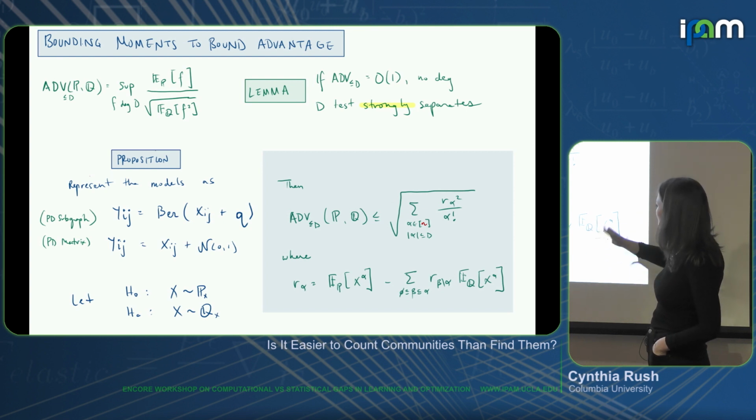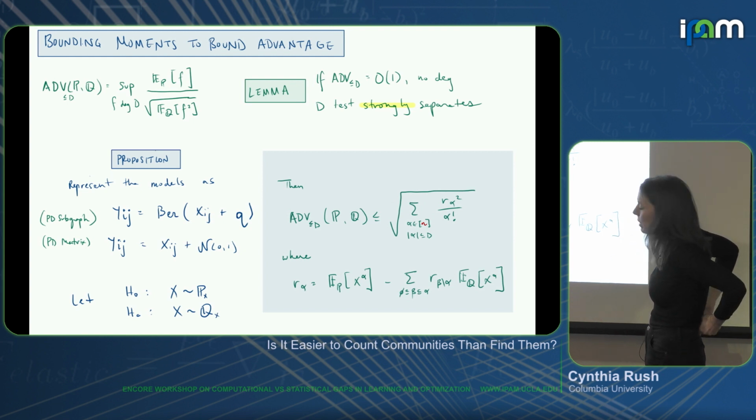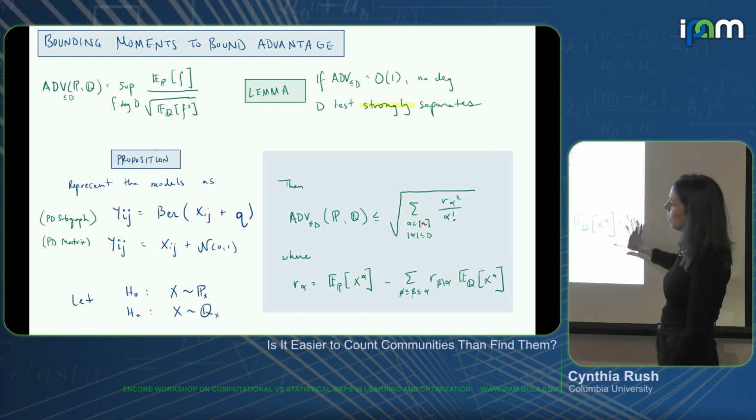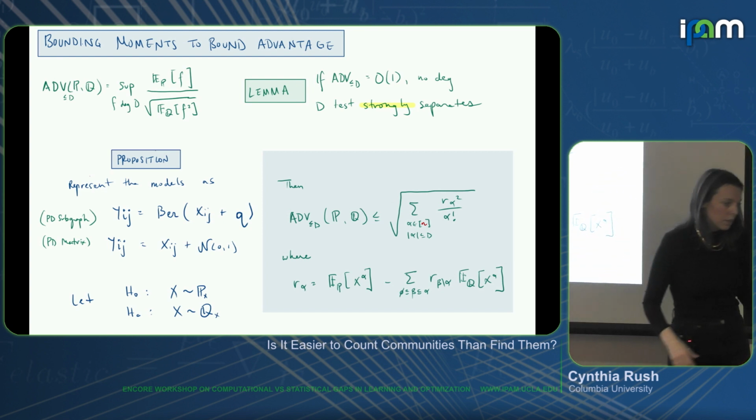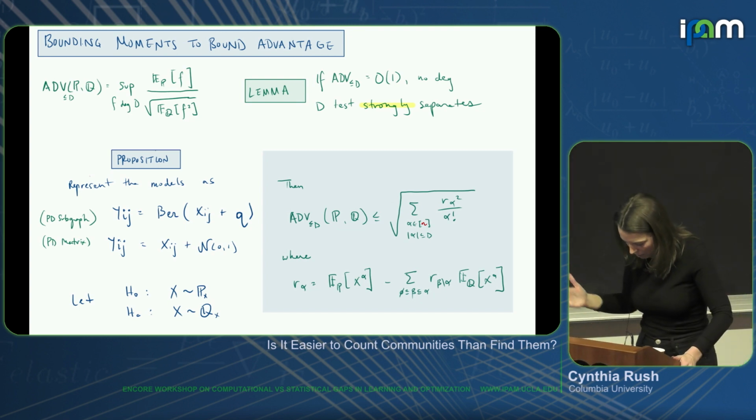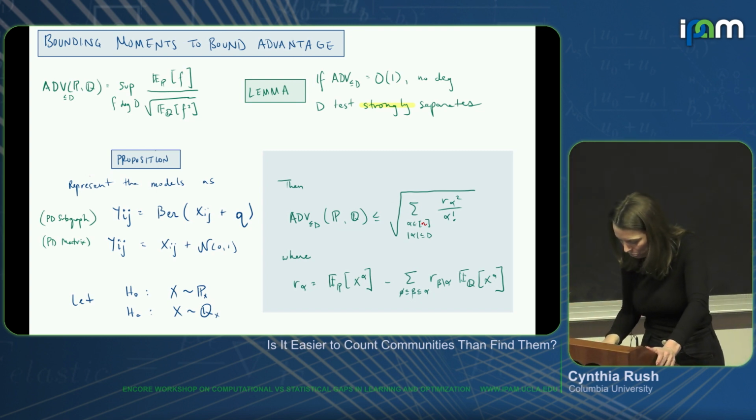It turns out that the best way to formulate this is in a graphical way. The tools that you need are a lot of combinatorics and these sorts of things. But ultimately, what it boils down to is can you control the moments under the null and alternative distribution?